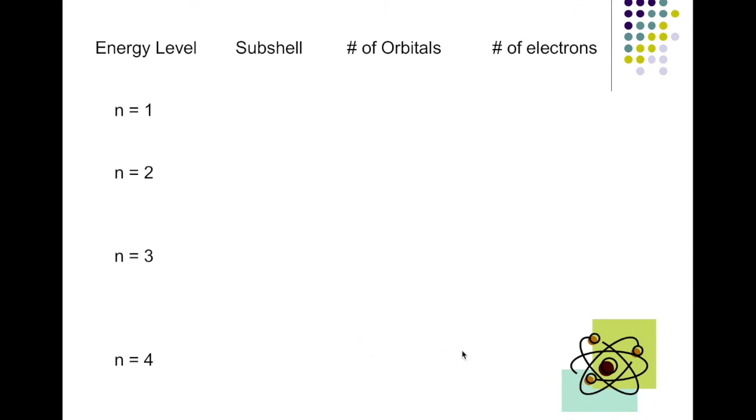So a total of 16 orbitals here in n equals 4, which means that we'll have 32 electrons in the fourth shell. I'll say that once more: 4s, 4p, 4d, and 4f with 16 orbitals and 32 electrons.